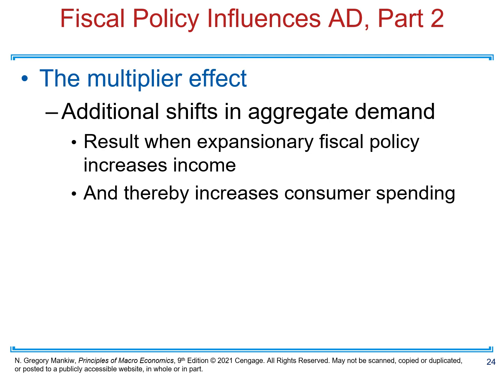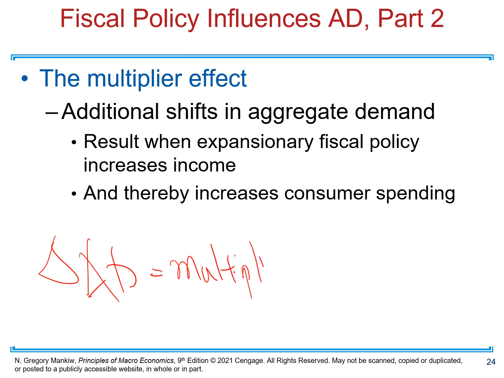and that is called the multiplier effect. And the multiplier effect follows a very simple formula: your change in aggregate demand equals the multiplier times the change in initial spending.